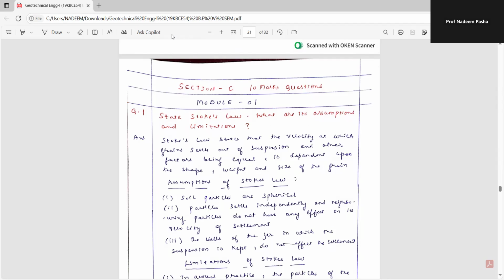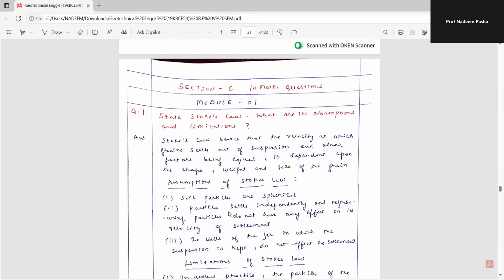Soil particles are spherical. Next, particles settle independently and neighboring particles do not have any effect on its velocity of settlement. So what are the assumptions of Stokes law? First assumption is the soil particle is spherical. Shape of soil particle is spherical.